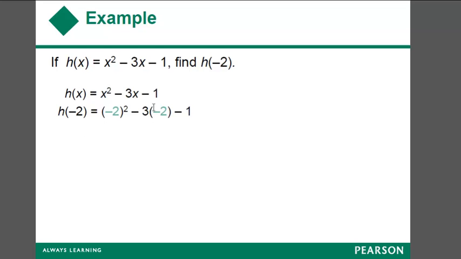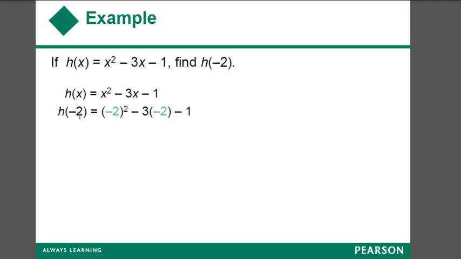And it's good to get in the habit of writing your original equation and then writing the new one directly underneath it. That way you can see yourself replace this x with negative 2, replace this with negative 2, replace this with negative 2. Now notice I put this negative 2 in parentheses before I squared it. The reason why is it says that the entire x is squared.